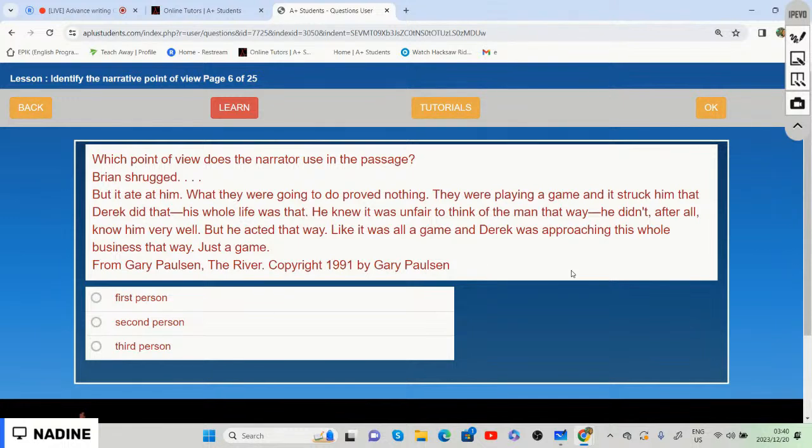His whole life was that. He knew it was unfair to think of the man that way. He didn't, after all, know him very well. But he acted that way, like it was all a game. And Derek was approaching the whole business that way.